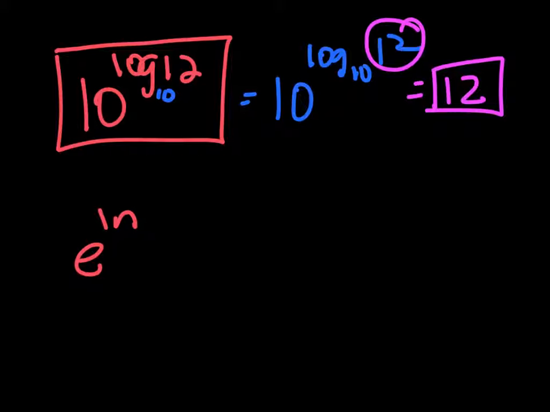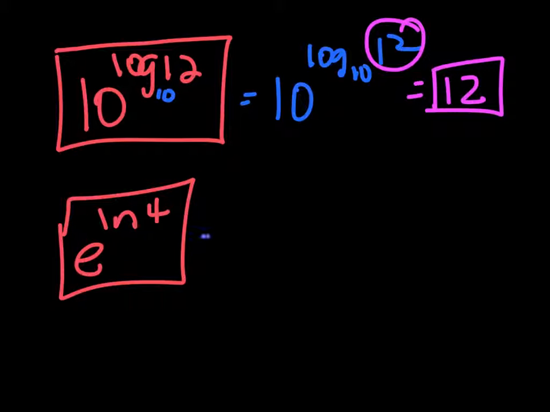So e to the natural log of 4, again, natural log is log base e. As long as my bases are the same, that equals 4.